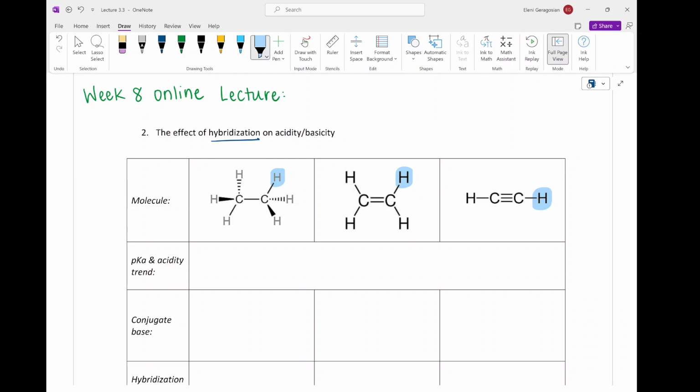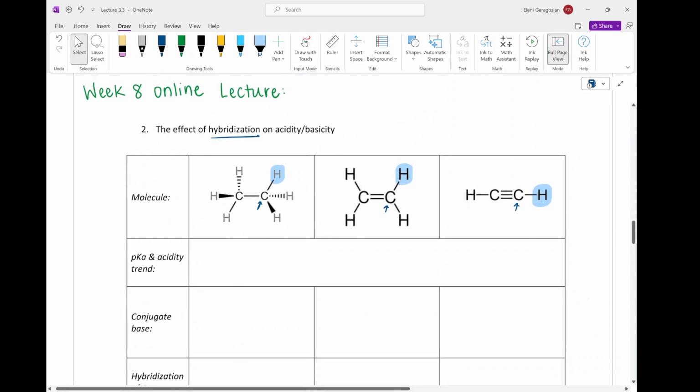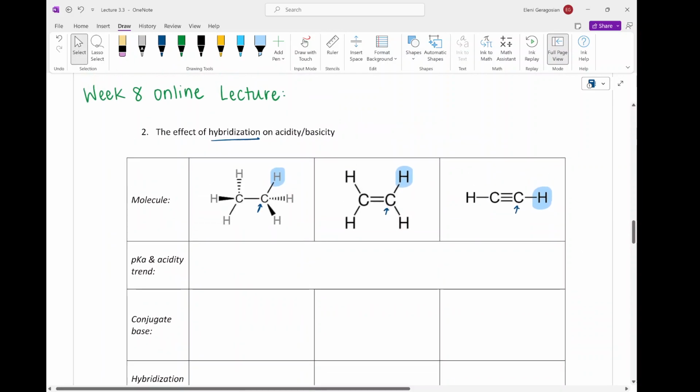Also, the hydrogen that we're labeling as the acidic hydrogen is bonded to the same element, carbon, in all cases. But you notice that these carbons have different hybridizations. So that impacts acidity. I'll show you the trend first, and then at the end of the table, we'll be able to explain why this is the observed trend.